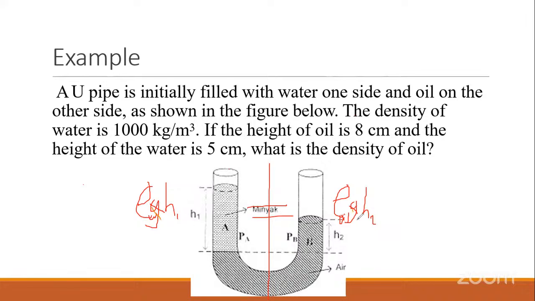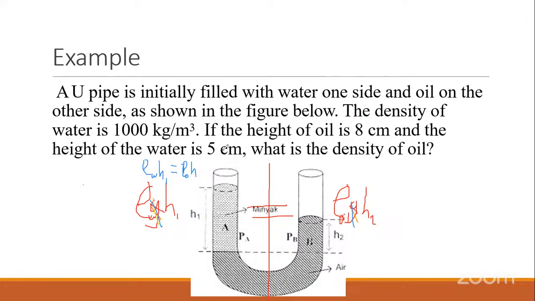So g cancels out. We are left with rho of water, density of water, h of water, and then density of oil and height of oil.